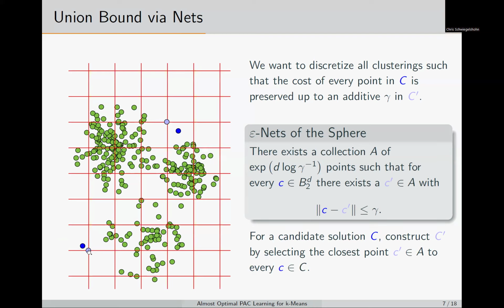So for example, if the closest center now moved to over here, then the difference in cost will still be bounded by this gamma term, even if the assignments are not identical to the ones given by the dark blue solution.